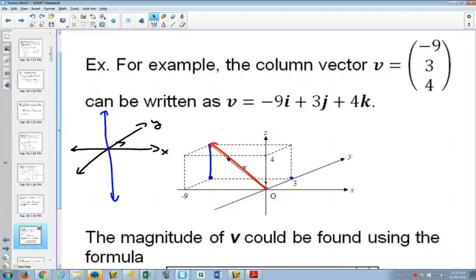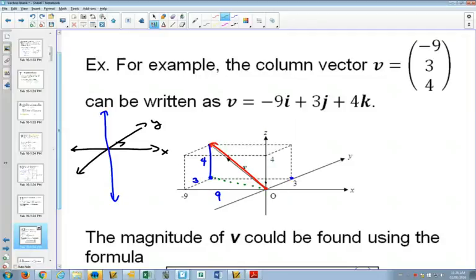Now, if you want to figure out how long that red vector is, what you could do is, because you know this length is 9, this length here is 3, and this length is 4, using the math that we have up till now, can you see that that diagonal right there is just in 2 dimensions that length right there on our paper?